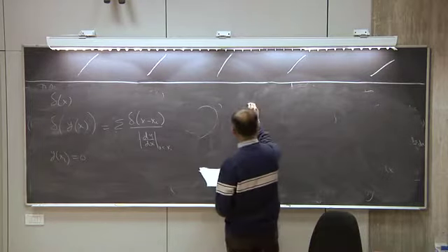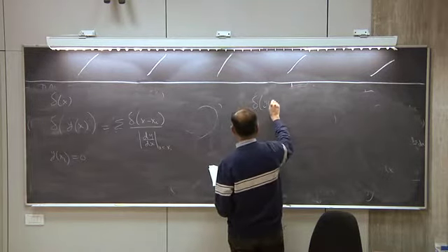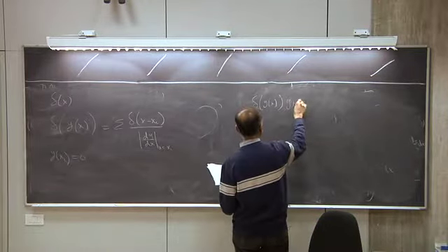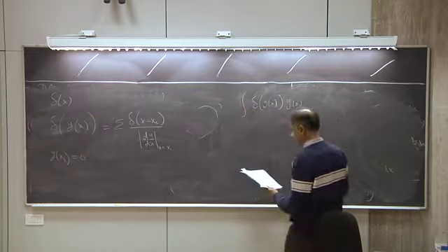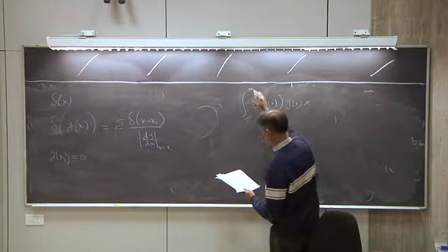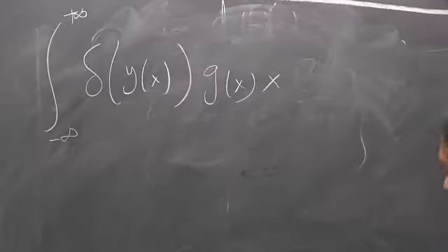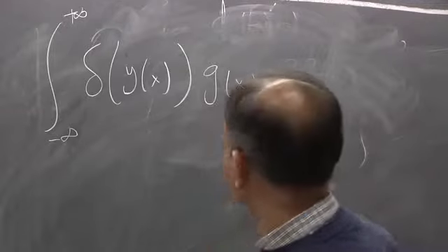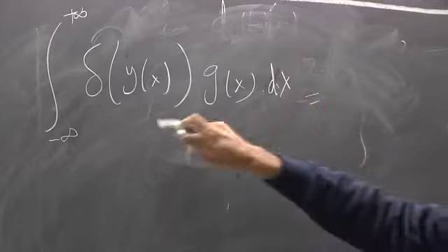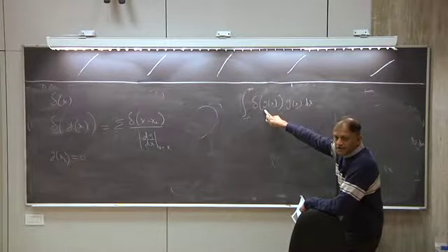So you want to look at delta of y of x and multiply it by any good function g of x, dx, integrated from minus infinity to plus infinity. Let's change the variable: instead of integrating over x, let's integrate over y.